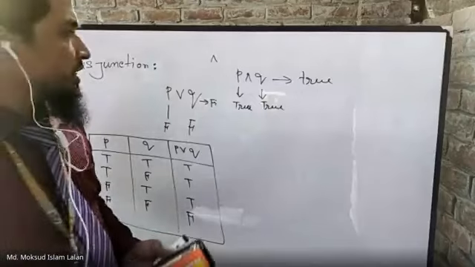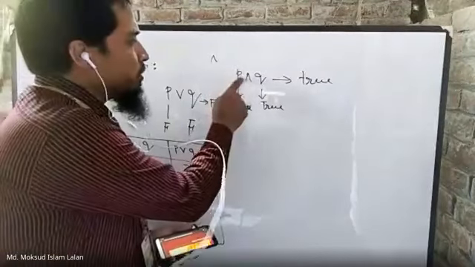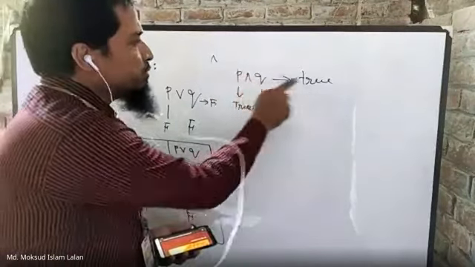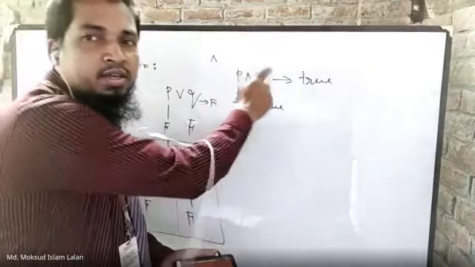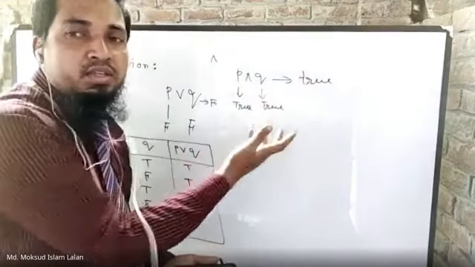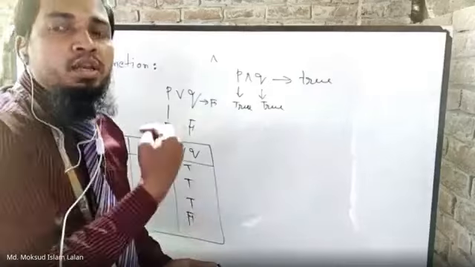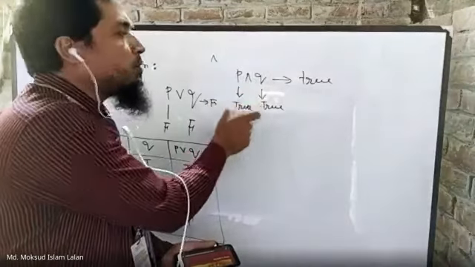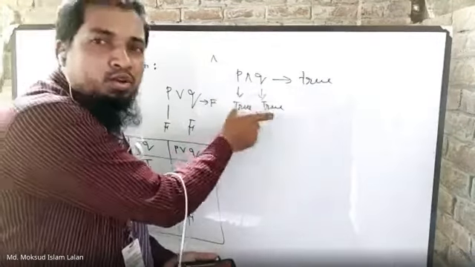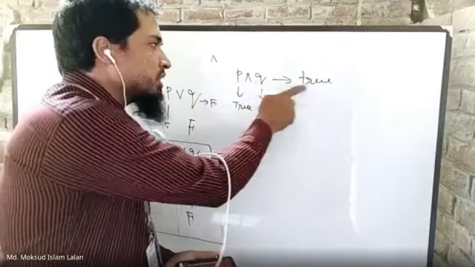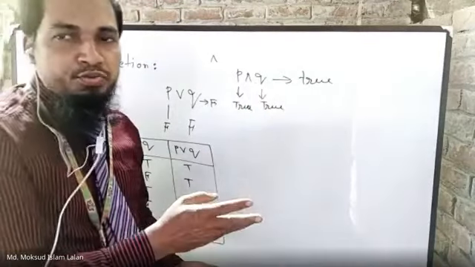In conjunction, the conjunction is true when individually P and Q are both true, otherwise false.